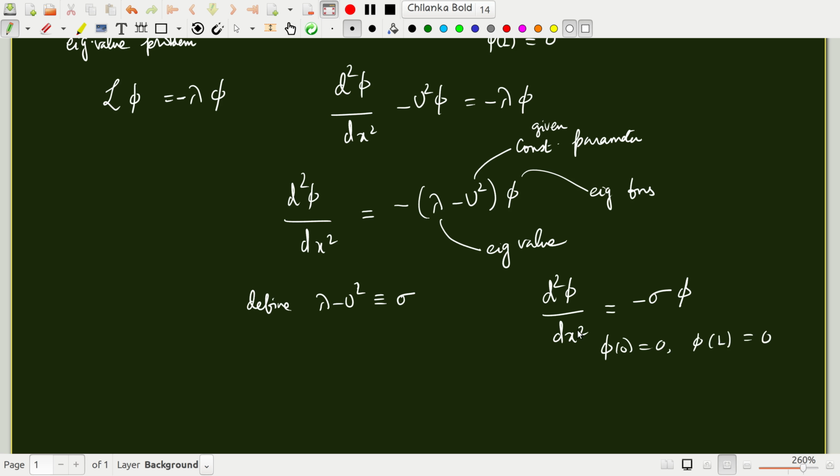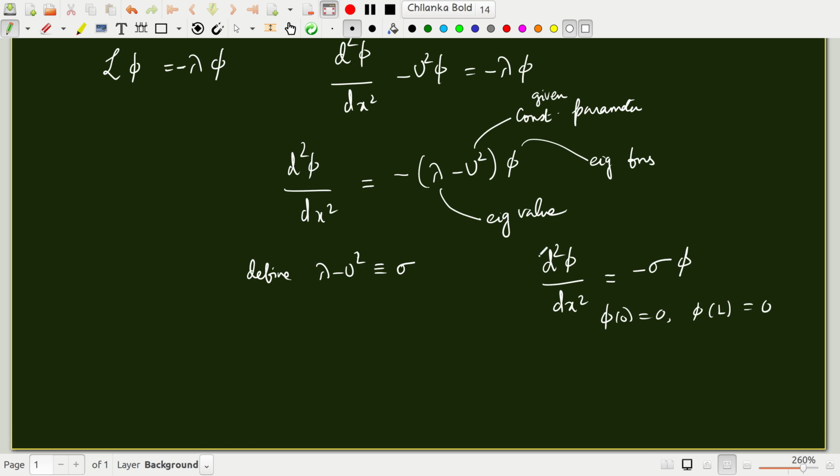Okay, this eigenvalue problem has been solved already, and you know what the eigenvalues and eigenfunctions are. So the eigenvalues are sigma n equal to n squared pi squared by L squared, and the eigenfunctions are sines. But sigma n is nothing but lambda n minus u squared.